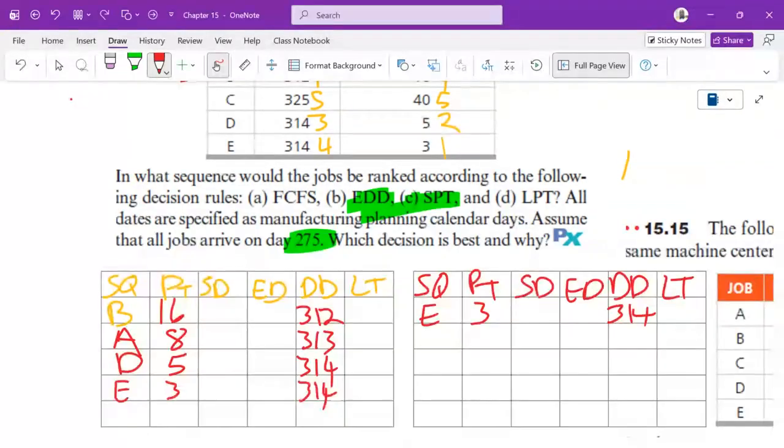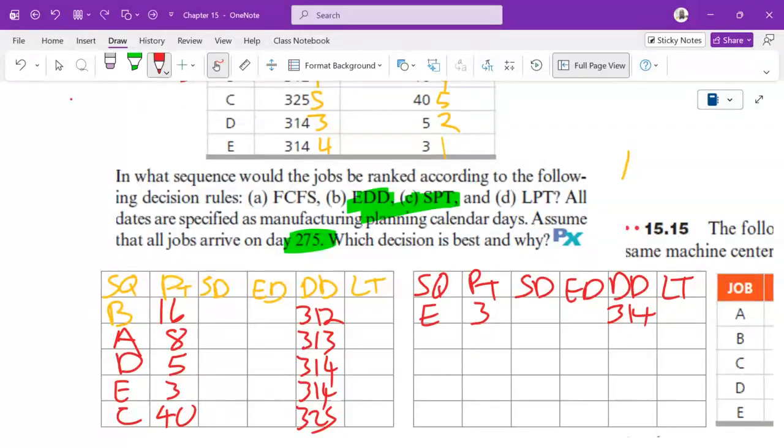Then the last one is C, which is 325, and the process time is 40. We don't really care about where 40 is located, because we are dealing with the earliest due dates: 12, 13, 13, 14, 14, and 25. That's what we are concerned about.